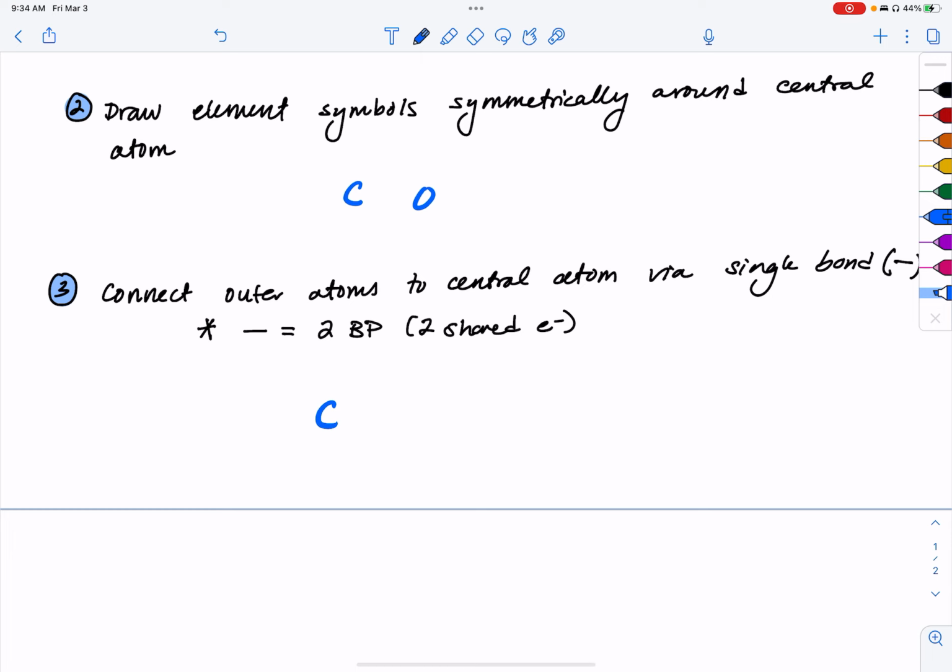So if I were to look at carbon monoxide, CO, I would connect them via a line, and then this is when I need to start doing my tally of how many electrons I have left over in my bonding budget. So I started with 10 electrons, and in creating a single bond, I've used up a bonding pair, or 2 shared electrons. So 2 of those total electrons I've already assigned to be shared with one another, leaving behind now 8 electrons left.